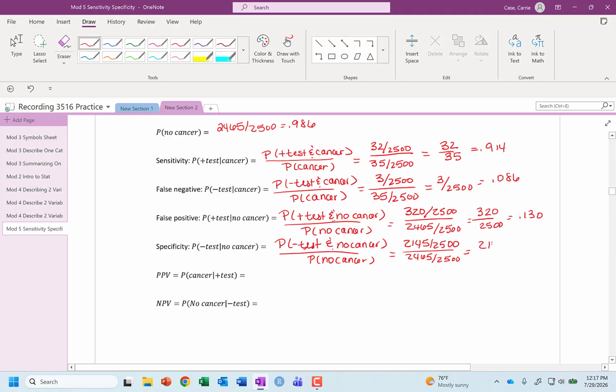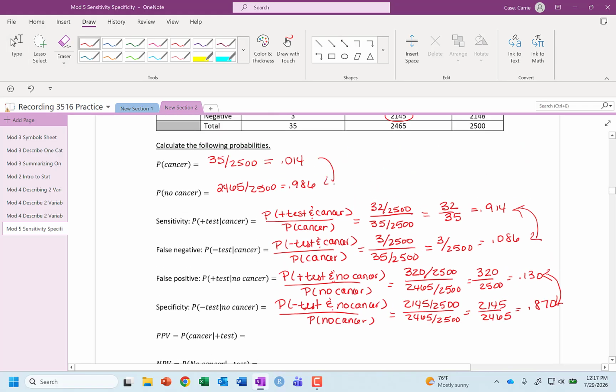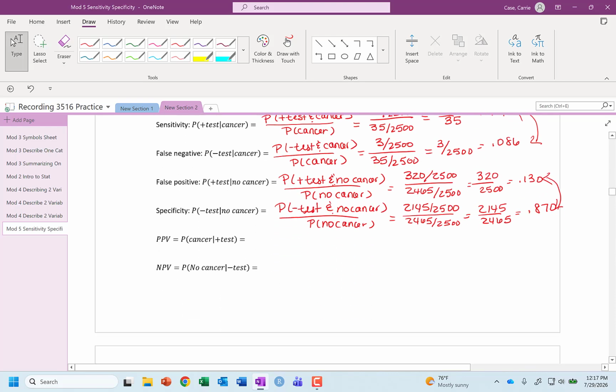So that's 2,145 over 2,465, which was 0.870. And of course, we could have used the complement with each of these, because once you calculate one, the other one's just 1 minus the first one you calculate. All right, so the next thing we're going to do is the positive predictive value.